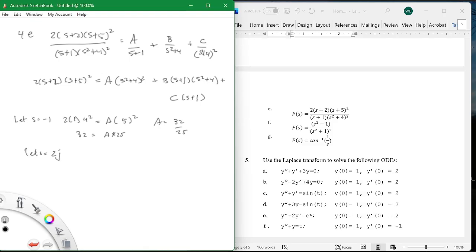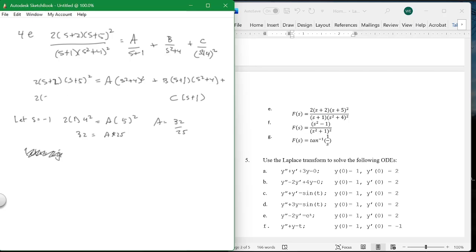At this point in time, what you can do is the following. You've got A, okay? Instead of trying to go get C directly, you can look at the A terms, the B terms, and the C terms, and say, okay, so you've got 2 times s plus 2 times s plus 5 quantity squared.